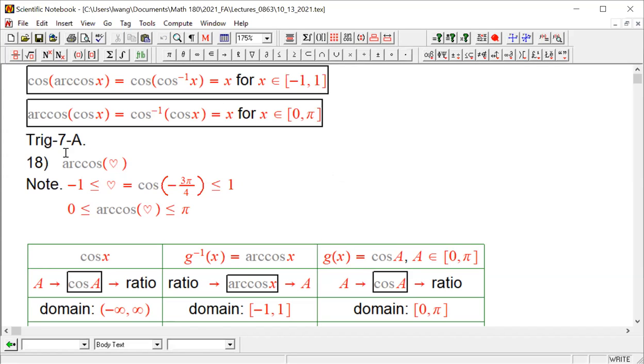So before I actually work out the details, first thing in your mind is that your answer is going to be between 0 and pi. Do you follow me? That's how useful this information is.